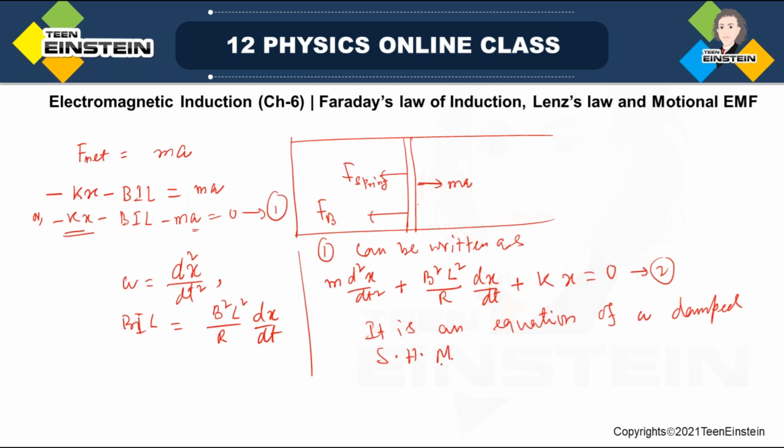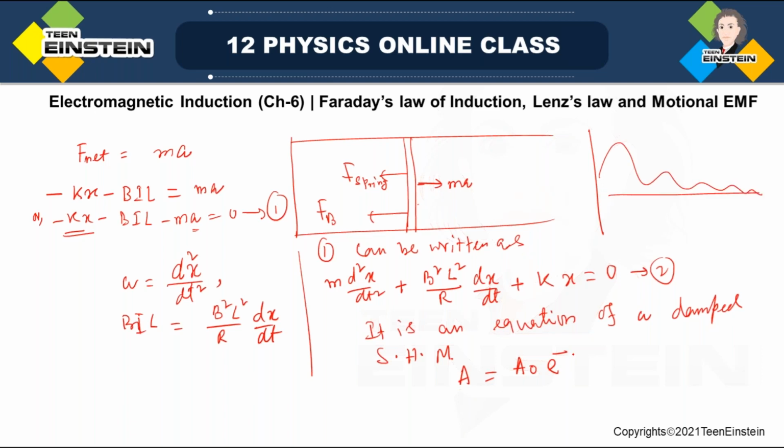So in this case, what we can do is, from the knowledge we have obtained in the oscillation part, we can directly write the amplitude of the oscillation to be A is equal to A0, that is the maximum amplitude, into e to the power, because in case of damping, the amplitude of the oscillation will be dying out exponentially.